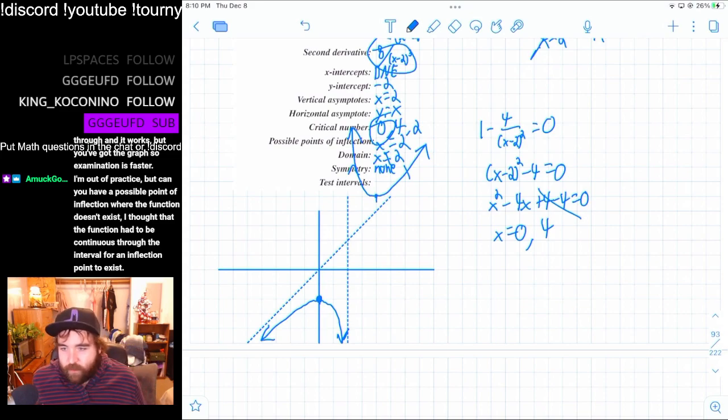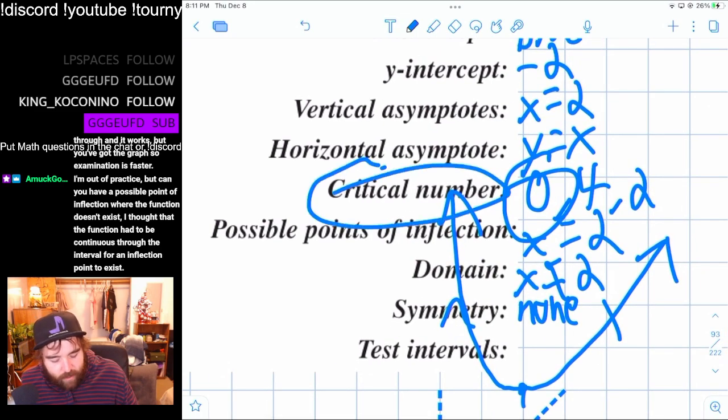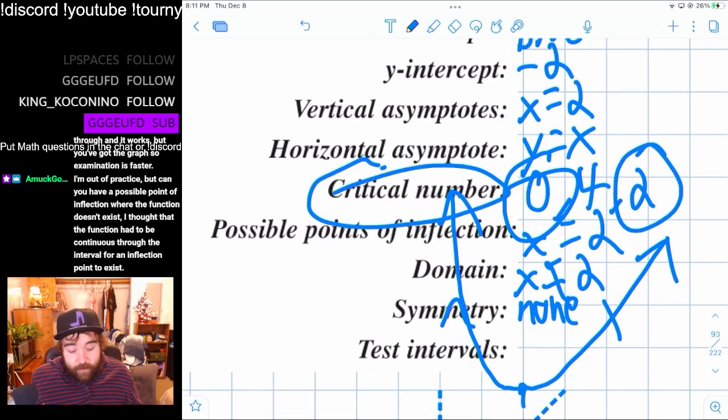So maybe I shouldn't be listing that as a possible point of inflection, but I'm more thinking about that, and you could say the same with critical points or critical numbers, that you're definitely not going to have a critical point at x equals 2 because it's an asymptote. But I'm also thinking about those in terms of changes in increasing, decreasing, or changes in concavity.